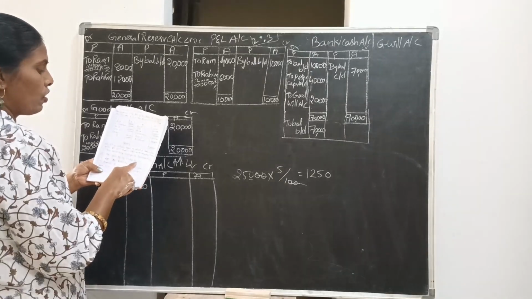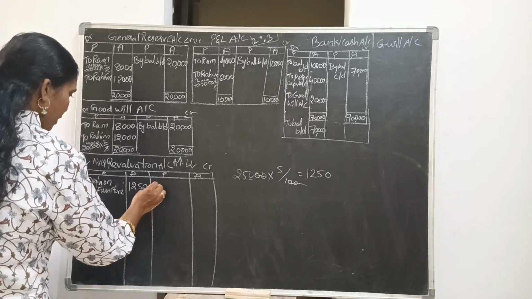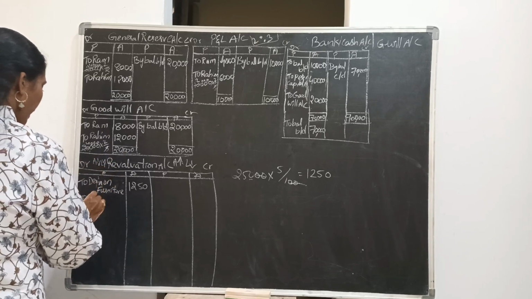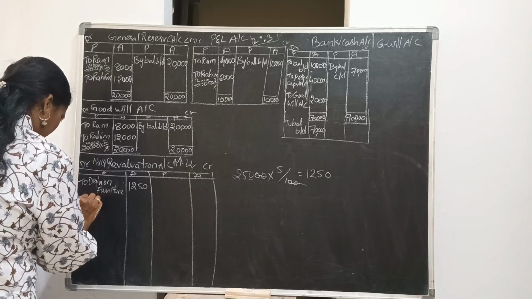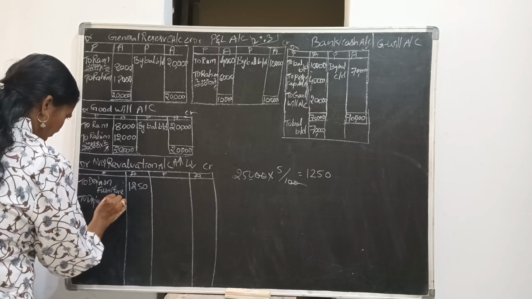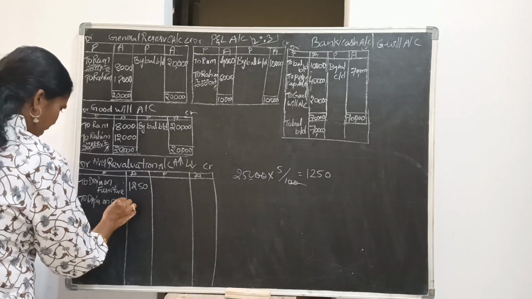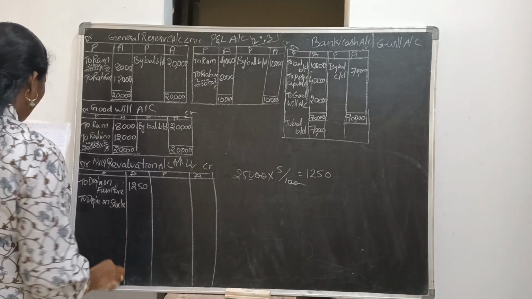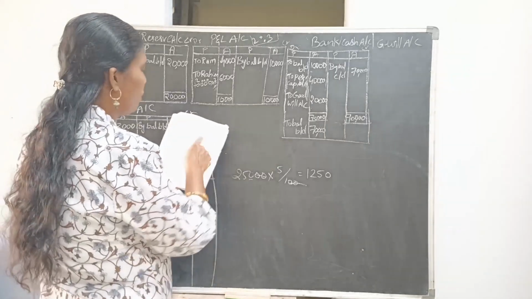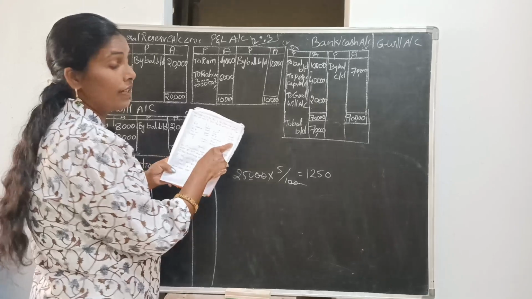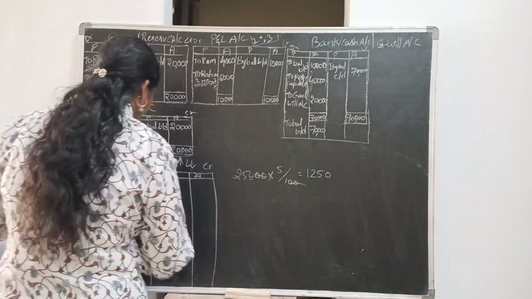Next, depreciate stock by 10%. Again we are reducing the asset value, so this side: depreciation on stock. What is the percentage? 10%. Stock value is 30,000. On 30,000, 10% is 3,000.